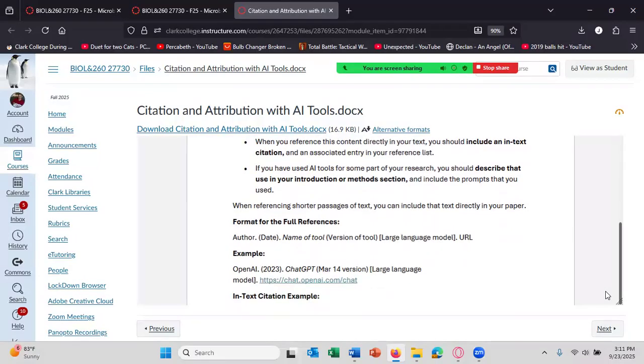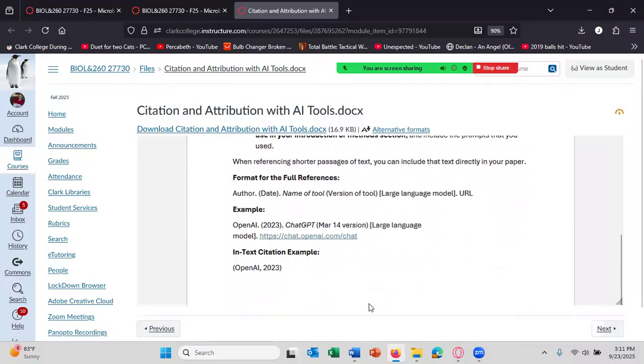So there's your in-text citation. You would have your statement like, I don't know, I went and asked AI how many people in the United States have come down with COVID-19, and I don't know the answer to that, and I don't think anyone knows unless they look it up recently. So you put it in an in-text citation, and you went to OpenAI, 2023.